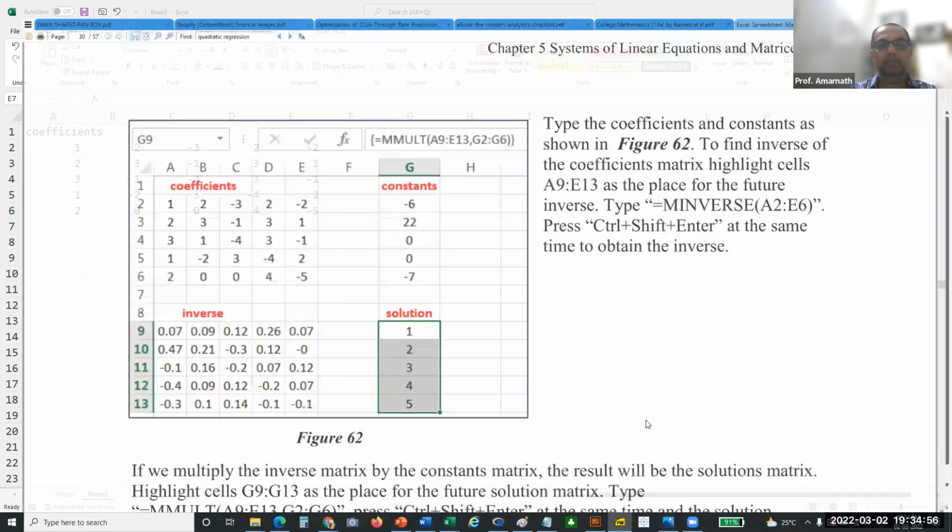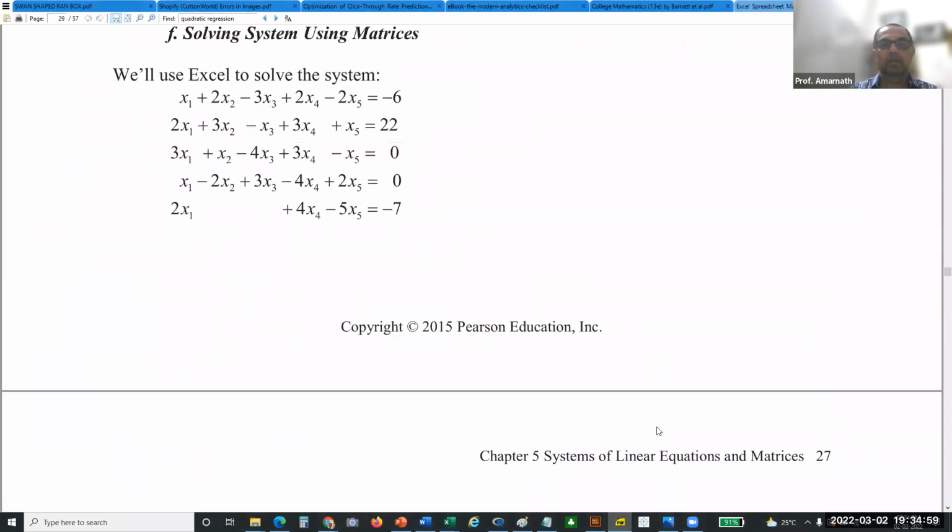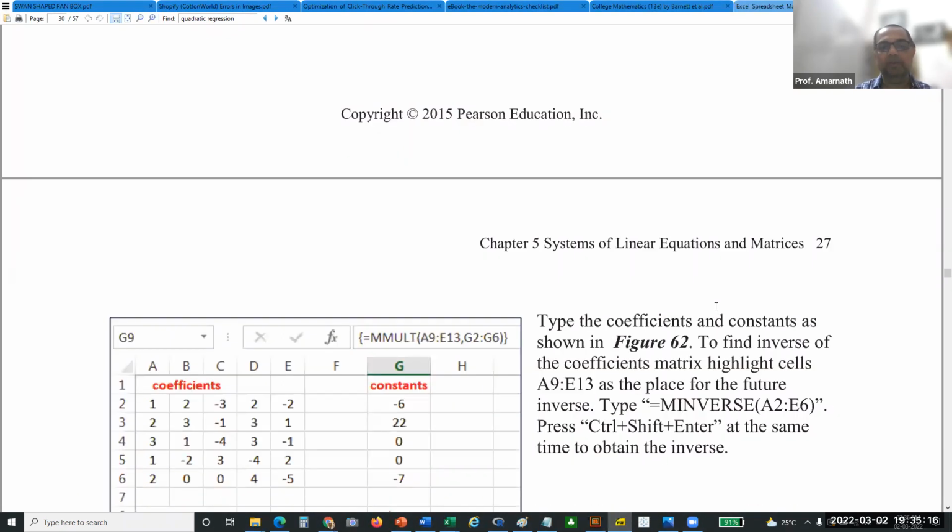Coefficients means whatever is there, as you see. The last equation has only x1, and x2 and x3 are not there, so 0 is there for those. The rest of the coefficients, as defined, have been taken as part of the coefficients.